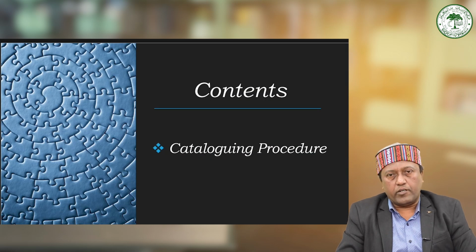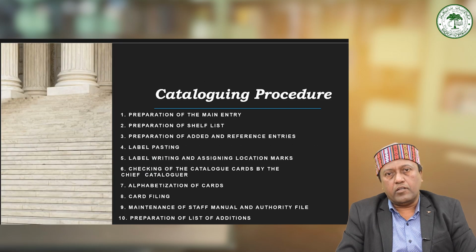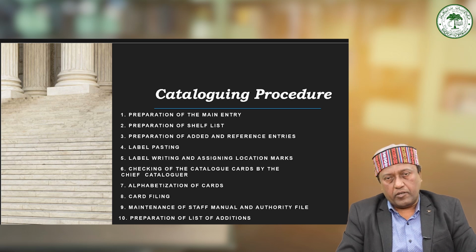I was telling you about the cataloging procedure. We have done away with the first 3 steps. So we will start with the 4th step, where label preparation is more important here. You know about the preparation of added and reference entries. So again, this is a task of a junior cataloger, and a junior cataloger is supposed to prepare, because he is having all the tools along with him.